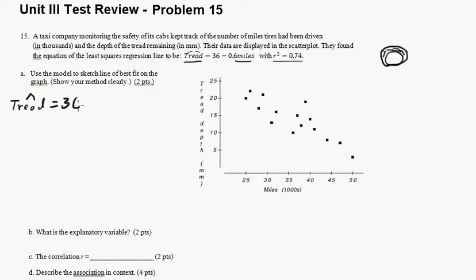So you just plug in 2 values, and what you need to do is don't plug in 0. Some people use 36, but there's a break here. 0's way over here somewhere, and so you don't want to use 0 or the y-intercept for a point. So let's plug in 30.